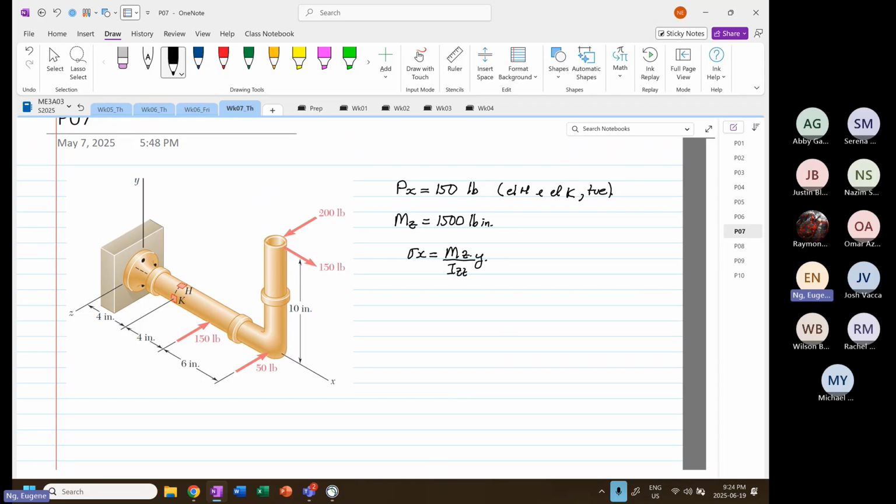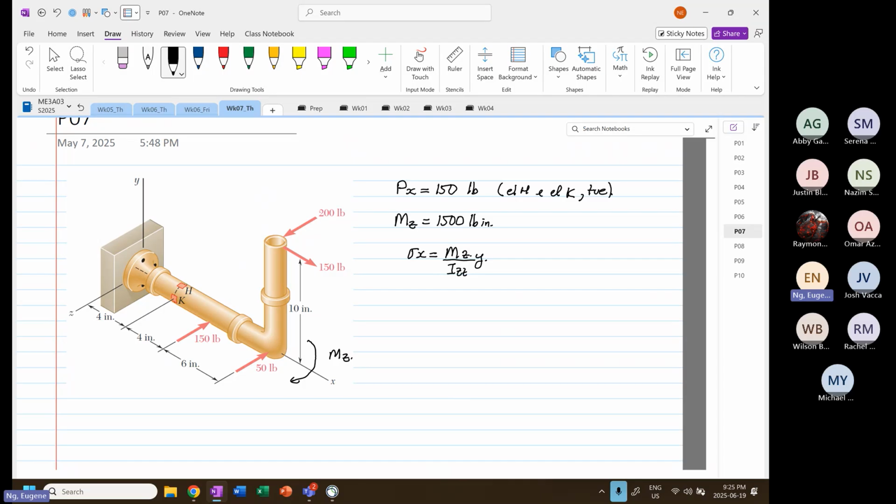For this case, we are lucky because this is a hollow shaft, or a rounded shaft. It does not matter if it's IYY or IZZ, it's the same value. And if you look at MZ, you ask me, Eugene, what is MZ? This is your MZ.